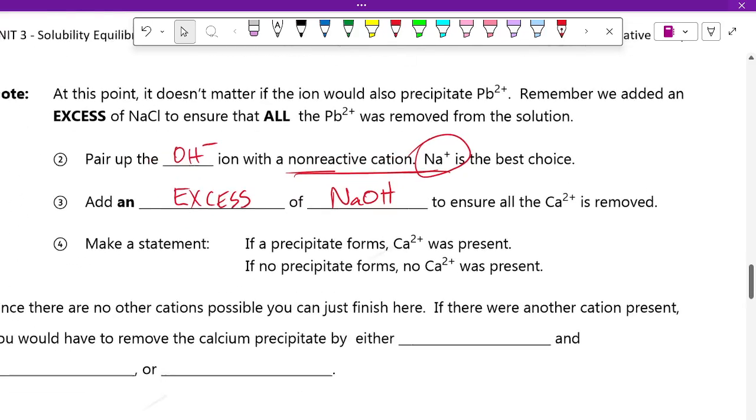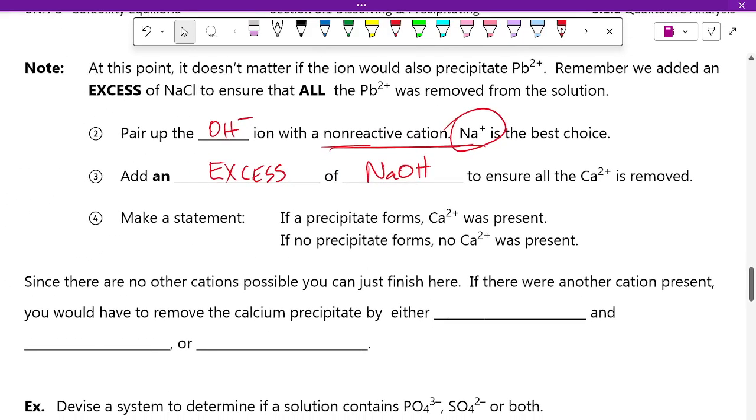If there are no other cations possible, like if you only had a mixture of two, you can just finish here. What if you had a third? What would you have to do? You would either have to centrifuge and decant, or filter.